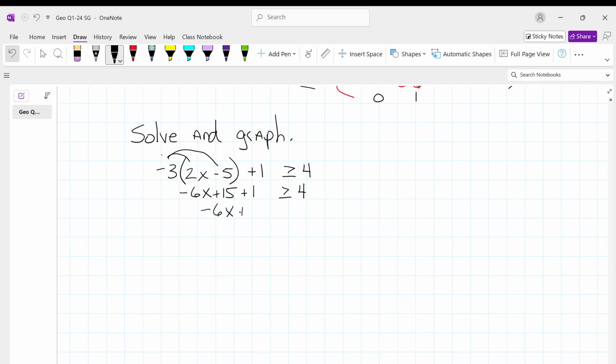So our -6x plus 16 is greater than or equal to 4. Going to subtract 16 from each side. And negative 6x is greater than or equal to 4 minus 16, that's negative 12.